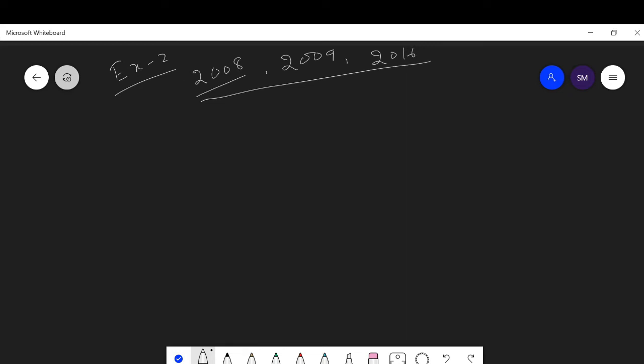The question says, an aeroplane is flying at a height of 4,000 meters from the ground. Let the point of the aeroplane be P. At this height the aeroplane is flying, and this is the ground O. This height is 4,000 meters.